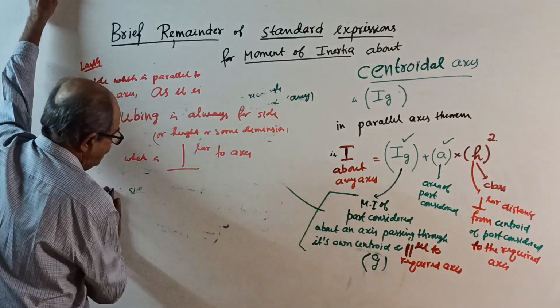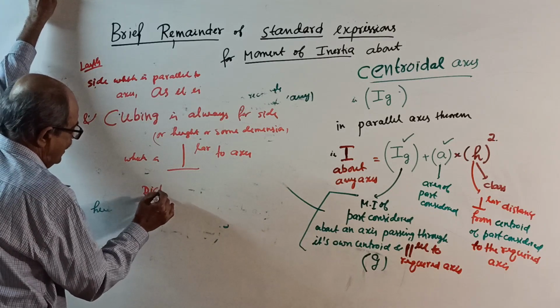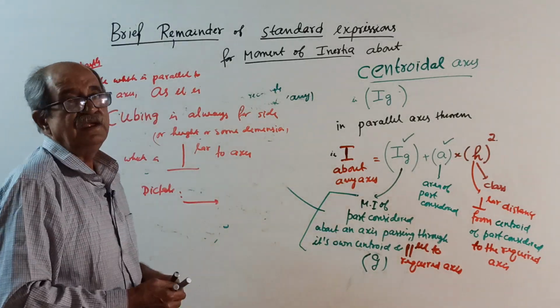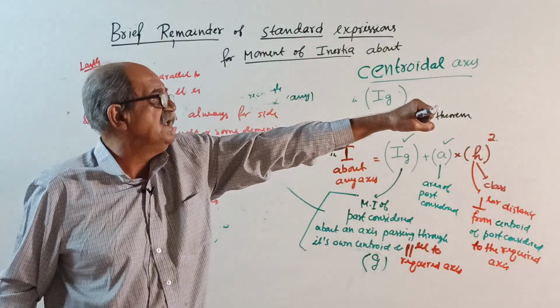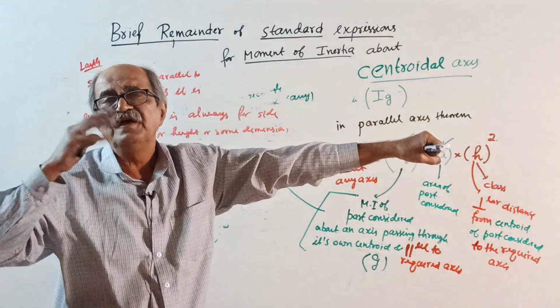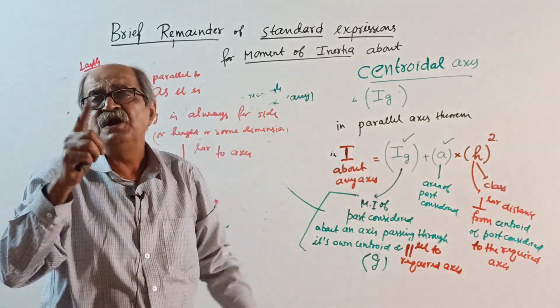Now I will dictate, you write it. If you want I about horizontal axis, horizontal dimension as it is, vertical dimension to be cubed.